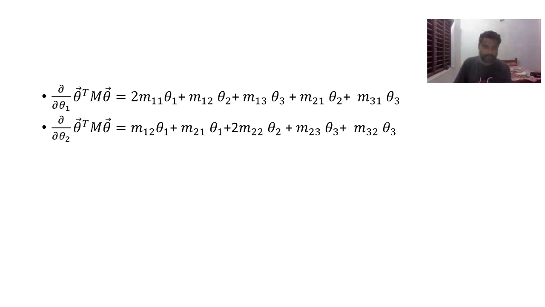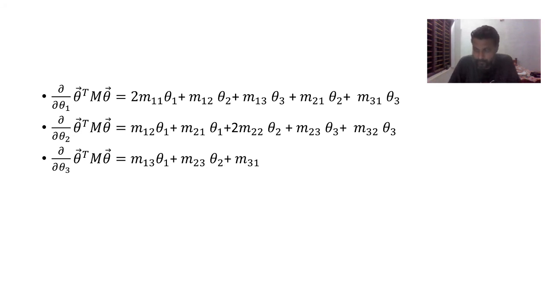Now with respect to theta 3 we have to differentiate dou by dou theta 3 of theta transpose M theta. That is m13 theta 1 plus m23 theta 2 plus m31 theta 1 plus m32 theta 2 plus 2 m33 theta 3.